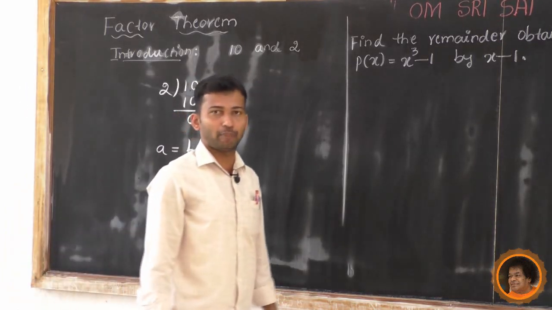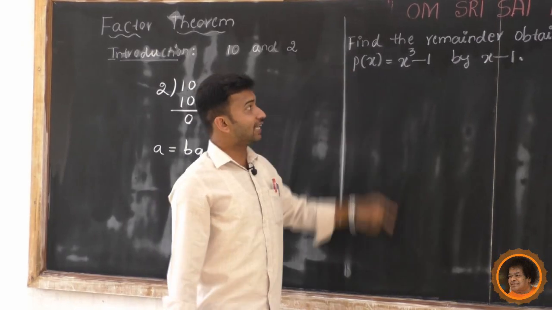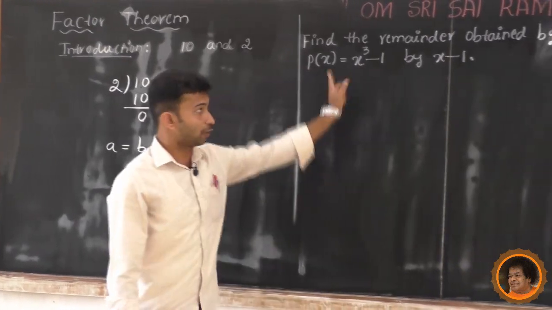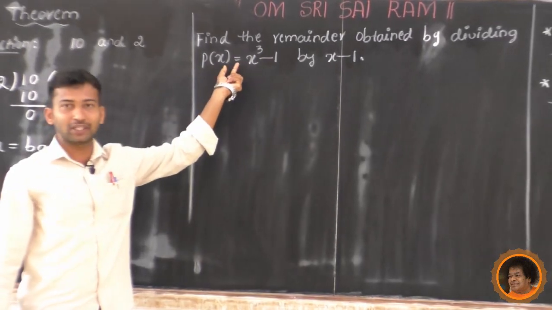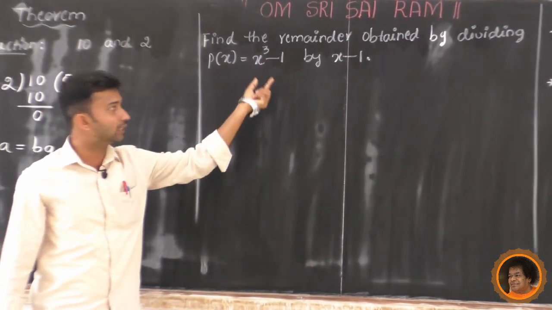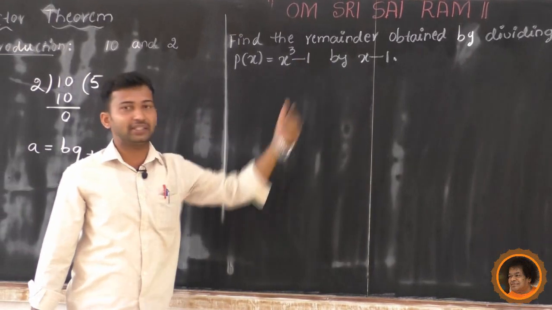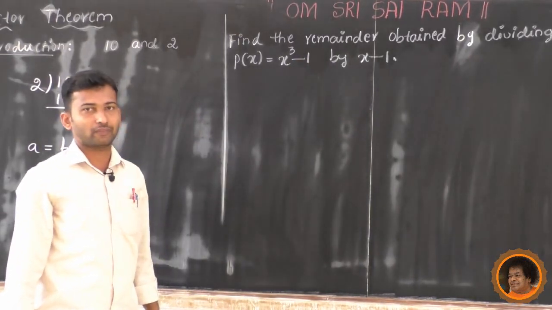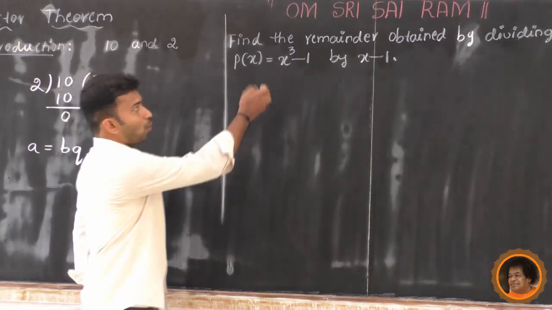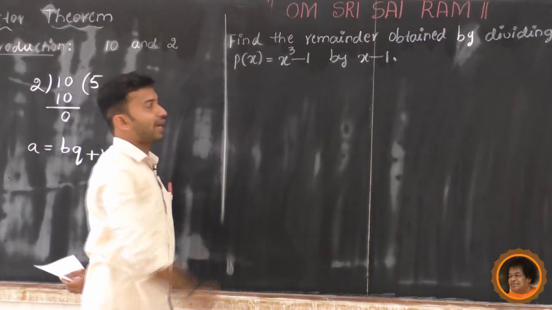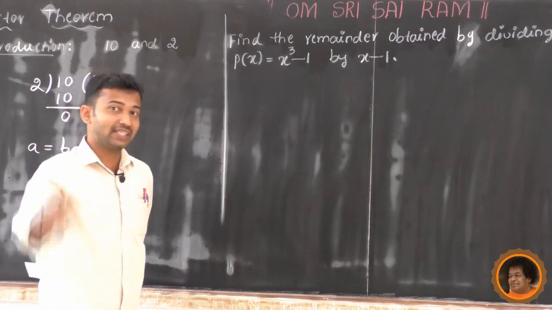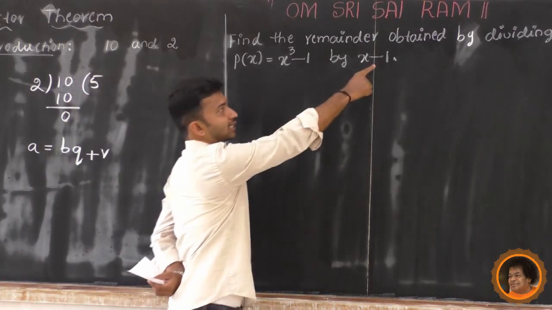Consider another problem. Find the remainder obtained by dividing P of x is equal to x cube minus 1 by x minus 1. What is dividend? Dividend is x cube minus 1. And what is divisor? X minus 1.